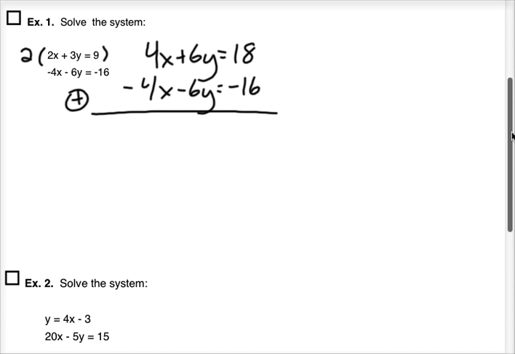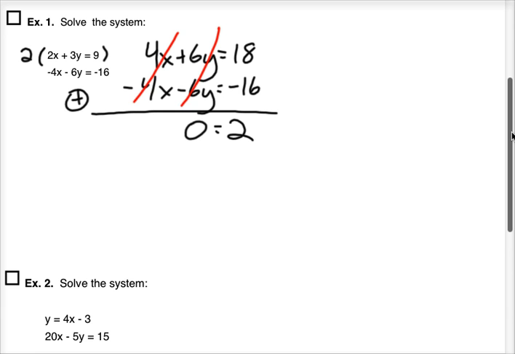And when I add them together, 4x plus negative 4x cancels off. 6y plus a negative 6y. Oh, that cancels off too. So that's what we mean by both variables canceling. Both of them end up dropping out of this equation. 18 plus a negative 16 leaves me with 2.